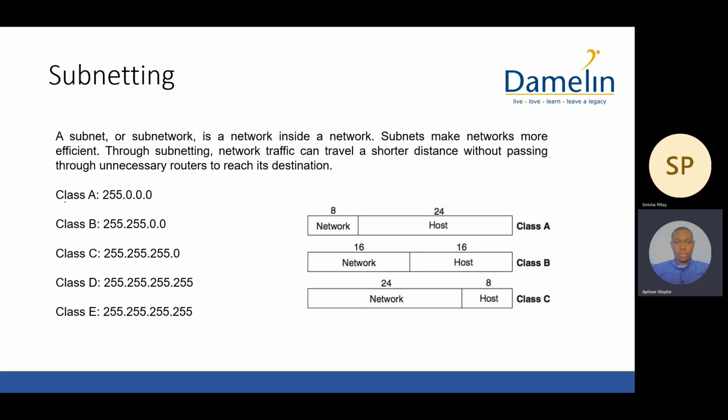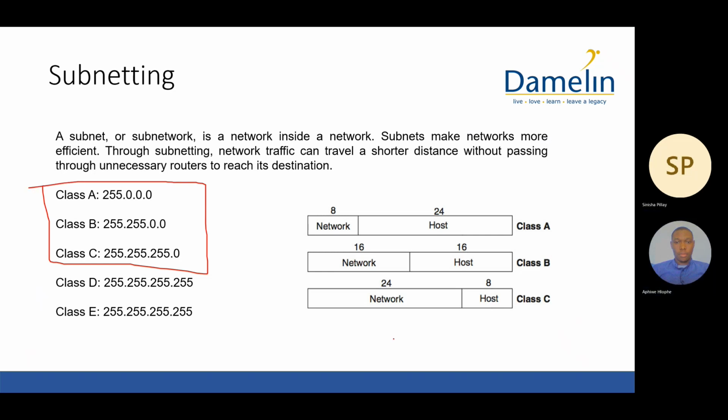So we are going to be focusing on these 3 classes: class A, class B, and class C. Now, as we went through the earlier slides, we saw that there are certain ranges that define the class of an IP address. But also, by looking at the subnet mask, you can immediately tell what part of the IP address defines the network, what part defines the host, and what class IP address it is.